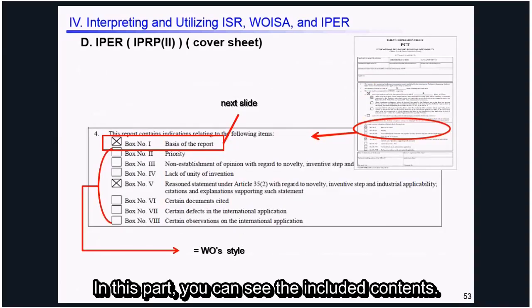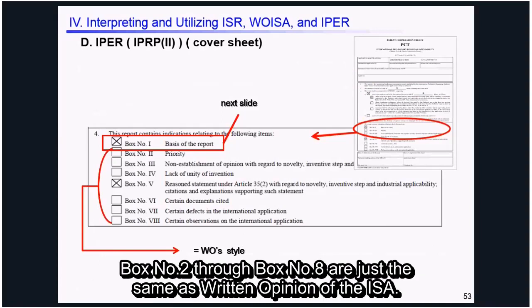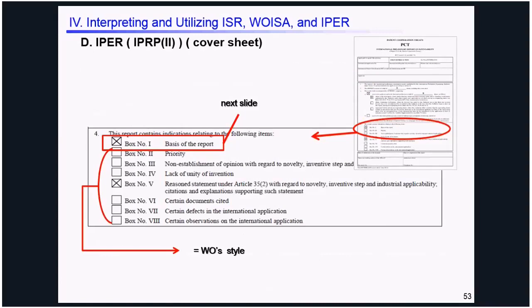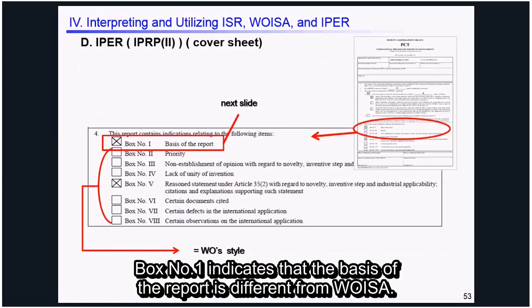In this part, you can see the included contents. Box number 2 through box number 8 are just the same as written opinion of the ISA. Box number 1 indicates that the basis of the report is different from WOISA.